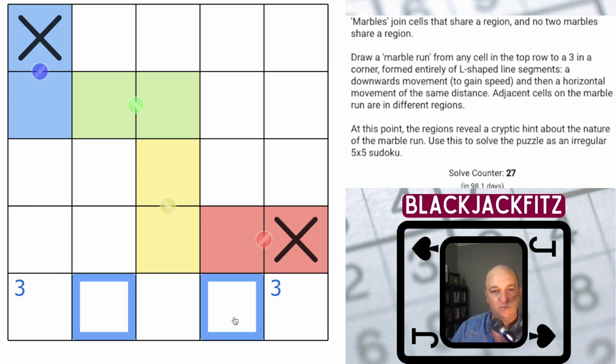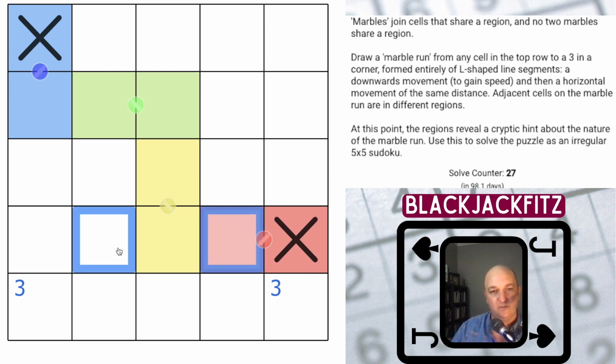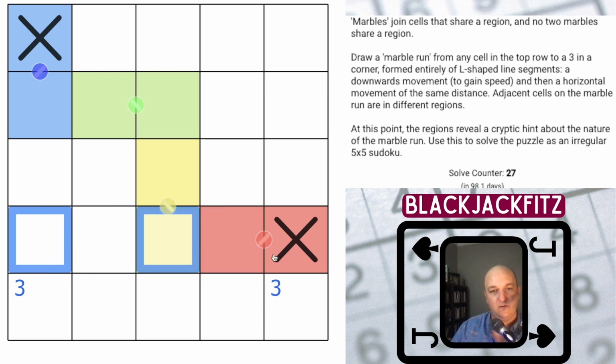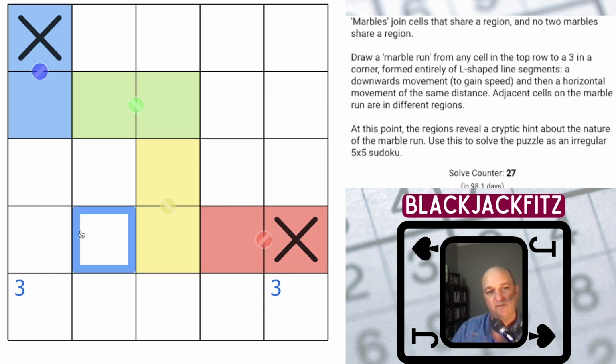So it's either one of these two cells is on the loop, because it's got to be like this then, I believe, which means one of these two is on the loop. So that's interesting.